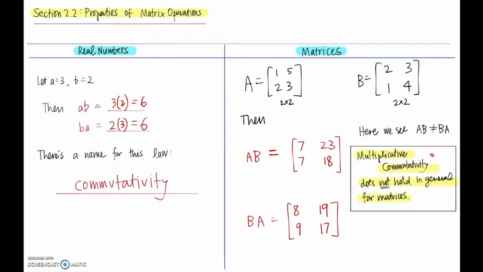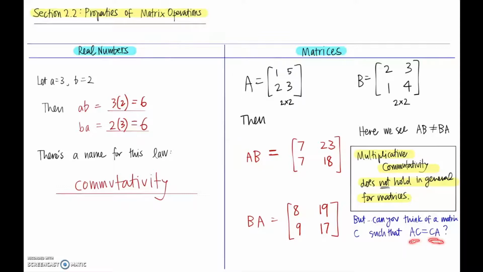So we're really going to have to watch ourselves and remember this fact that we can't assume this is true. Can you think of a matrix C such that, for this particular A, AC will equal CA, that there is that commutative relationship?